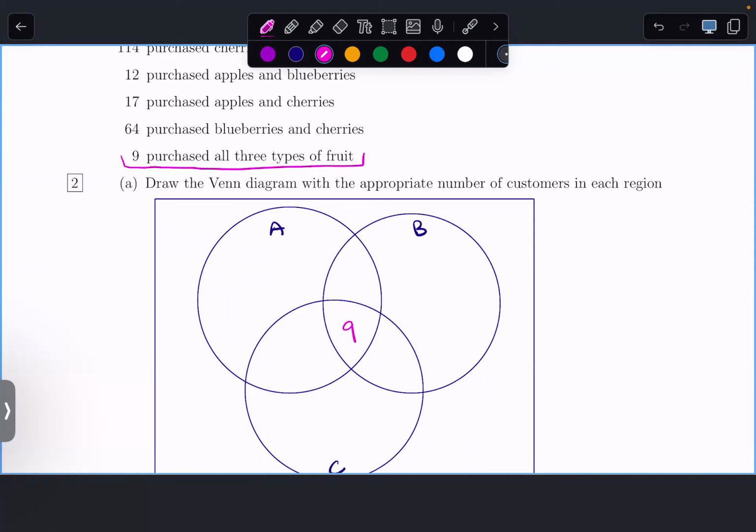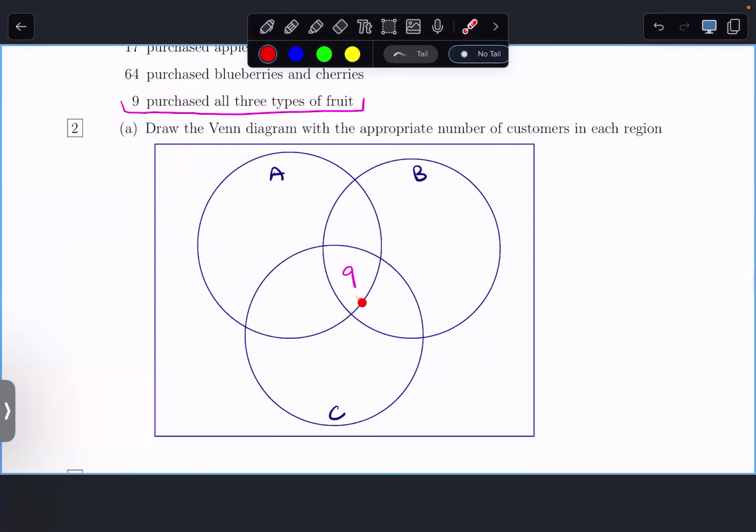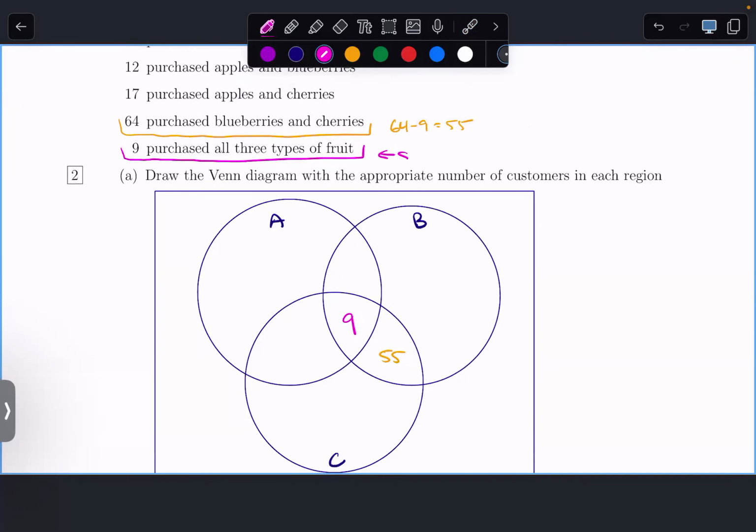Yeah. And so moving up, 64 purchased blueberries and cherries. Now, blueberries and cherries is this region here, right? But we already have 9 of those. So I want 64 minus 9, which puts me at 55. I'll say start here.